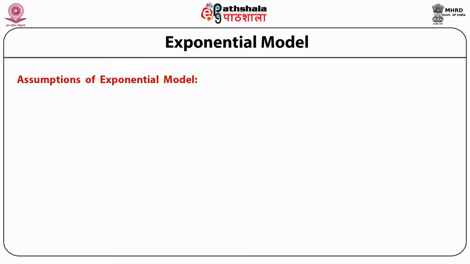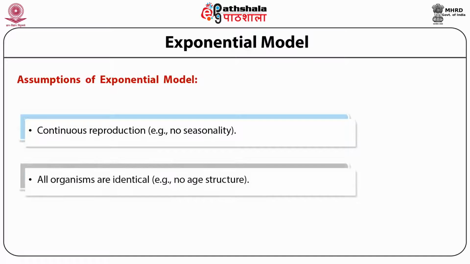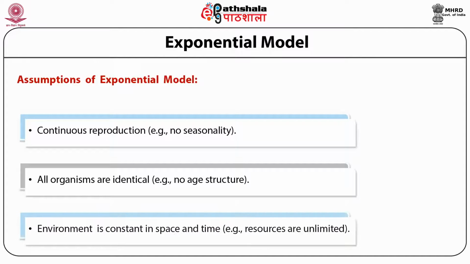The assumptions of this exponential model are: 1. Continuous reproduction, that is, there is no seasonality. 2. All organisms are identical, that is, there is no ecological age structure. And 3. The environment is constant in space and time, that is, the resources are unlimited.